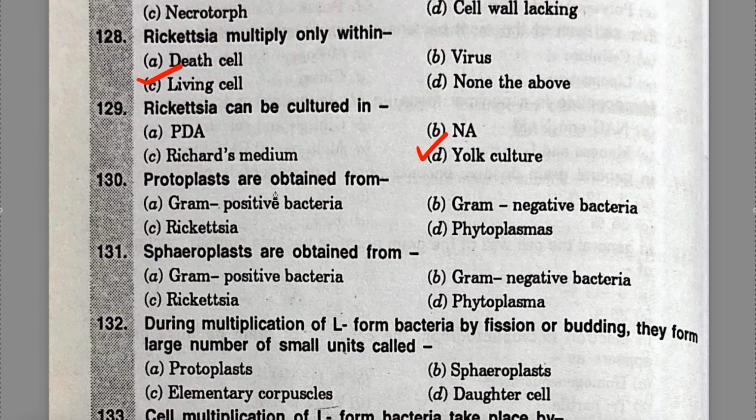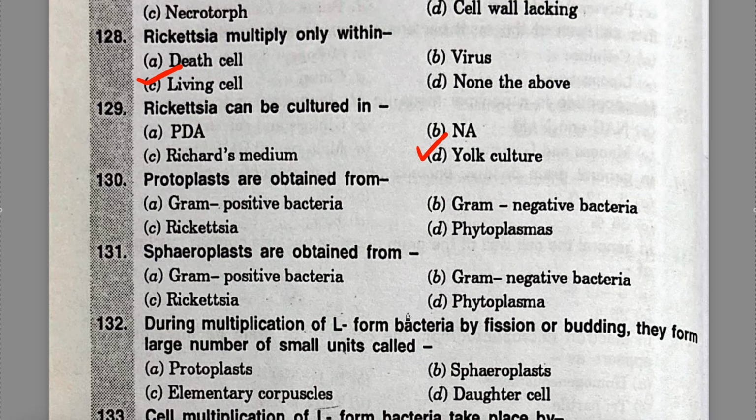130. Protoplasts are obtained from gram positive, gram negative, rickettsia or phytoplasma. Similarly, I'll tell about 131 because they have asked the same thing. Spheroplasts are obtained from, the options remain the same. So, what will happen in case of gram positive and what will happen in case of gram negative?